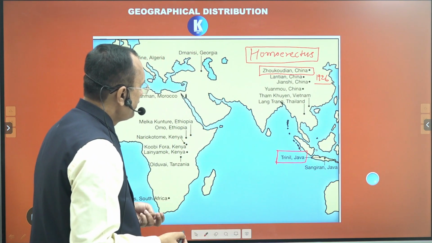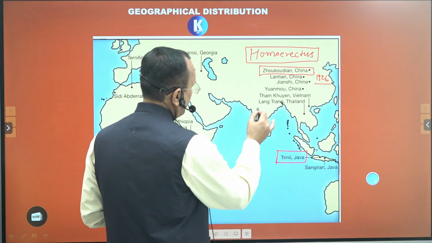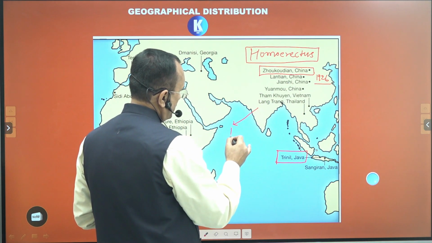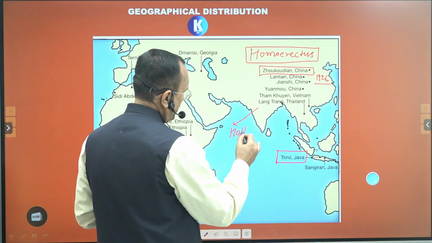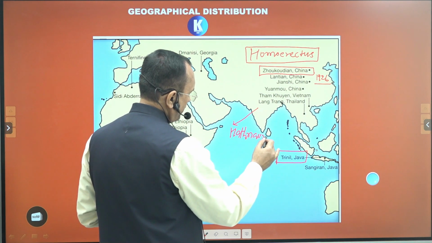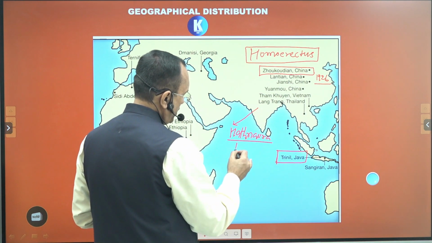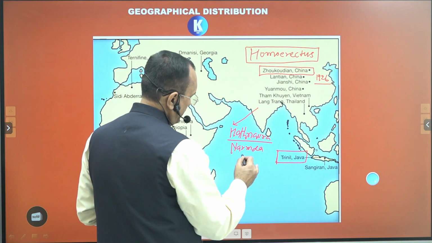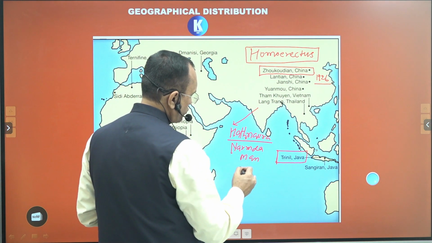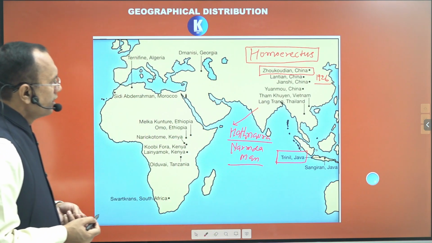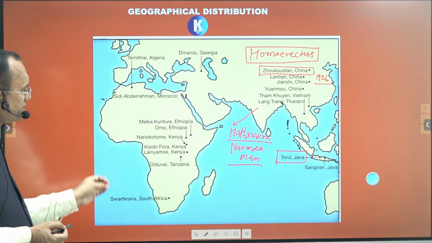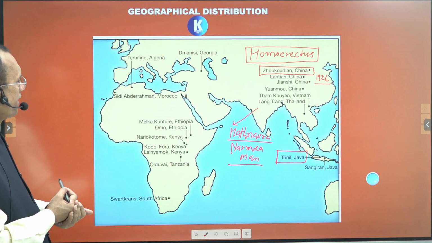And in India, here, you have to talk about Hathnora, right? Here you have to get fossils related to Narmada man by Dr. Arun Sonakia, right? Then you have to mention those important sites, right?